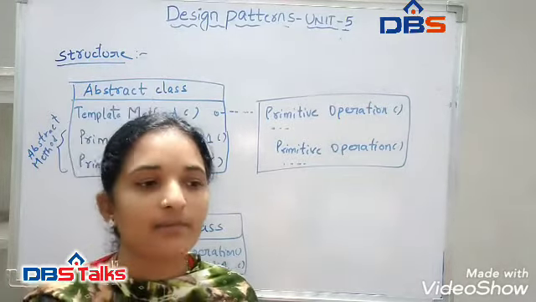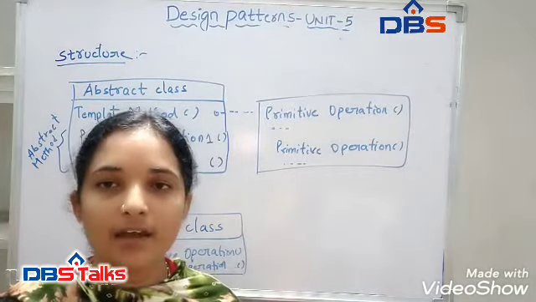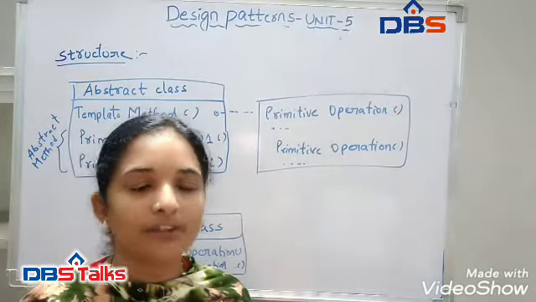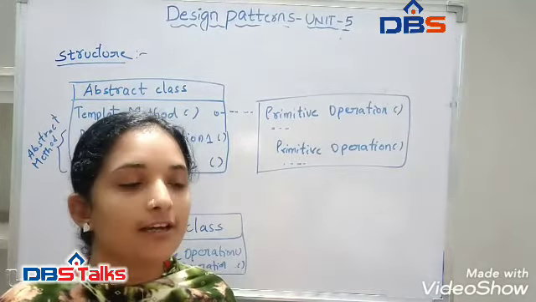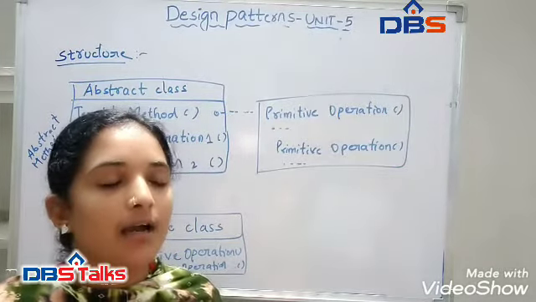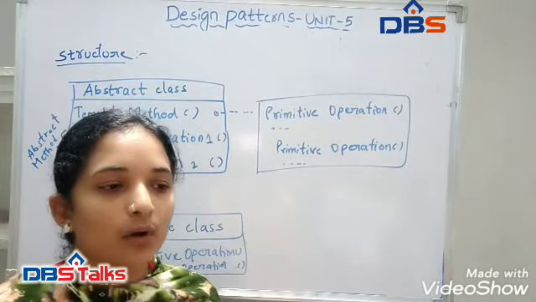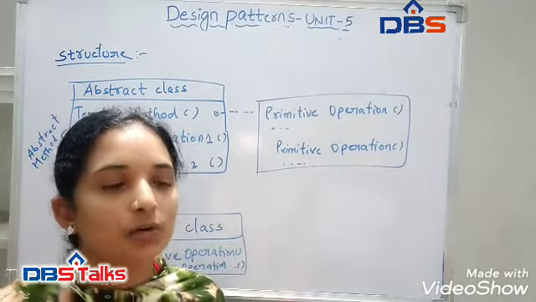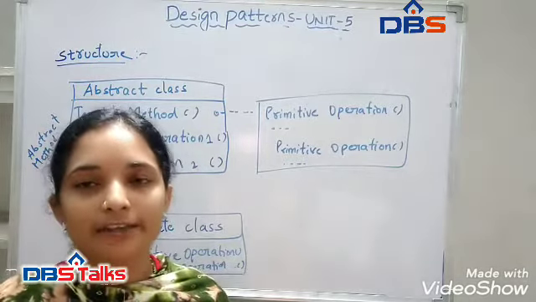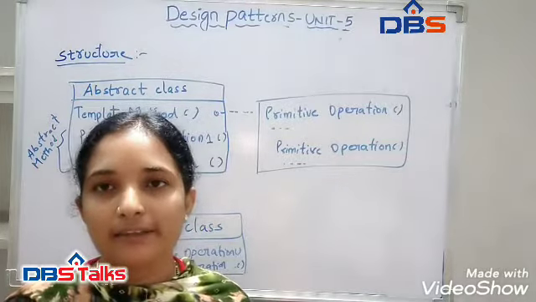In the previous class we discussed the factory method; that is an example for this template method. And the hook operation, which provides default behavior that subclasses can extend if necessary. The hook operation often does nothing by default. So this is called the template method. Thank you.